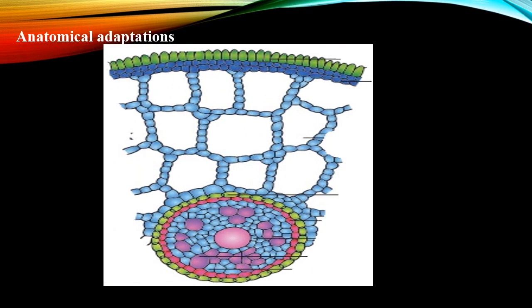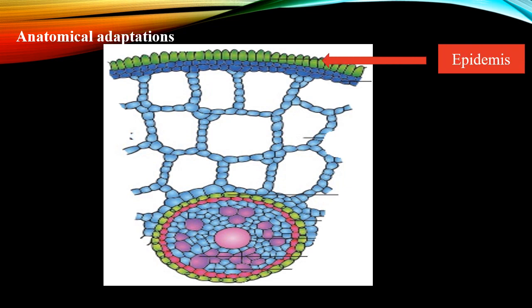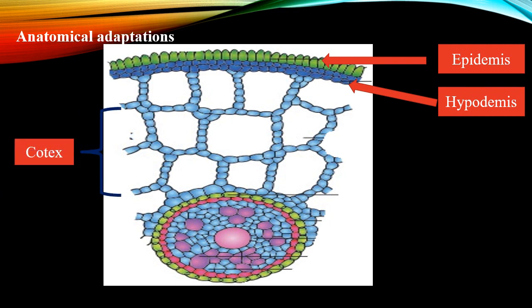Let us see the anatomical adaptation of hydrophytes. The cuticle is either completely absent or may be present as thin and poorly developed. The epidermis is a single layer and it is protective in function. We can see the cortex which is well developed with parenchyma.